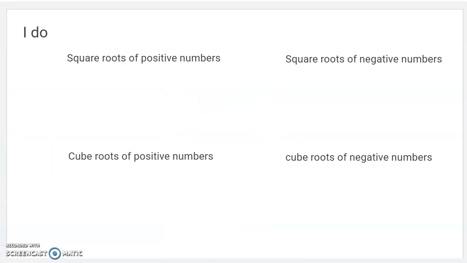So when we get to something like that, we first think through square roots and cube roots. Starting with square roots of positive numbers, they're going to have the positive one and the negative one. So square roots of positive numbers have 2 solutions.